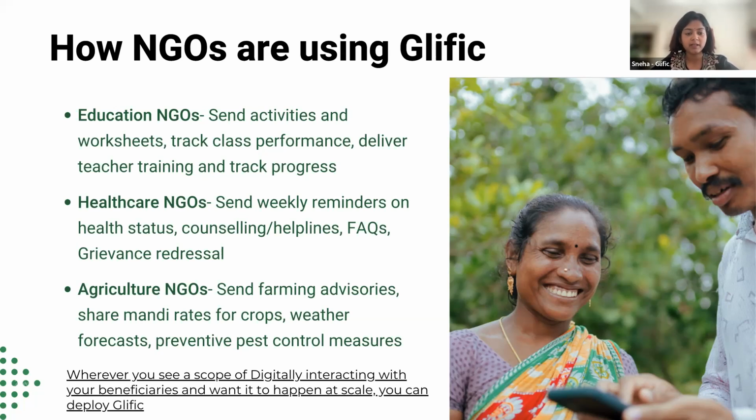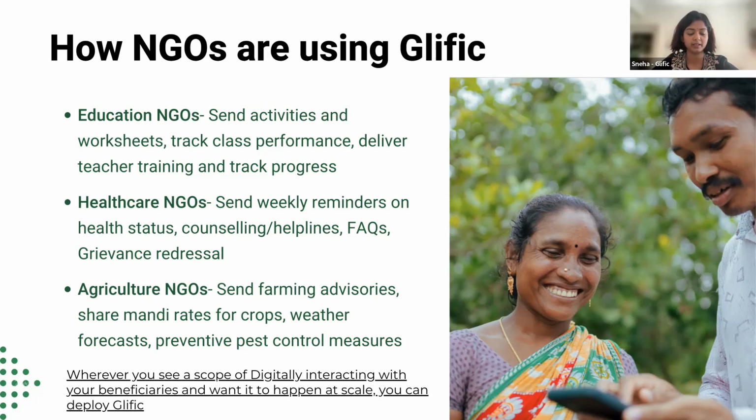So that's possible. We also have NGOs working in the healthcare space. Arogya World is one NGO that's using a WhatsApp chatbot to send nudges to different people to understand how they can control their diabetes.